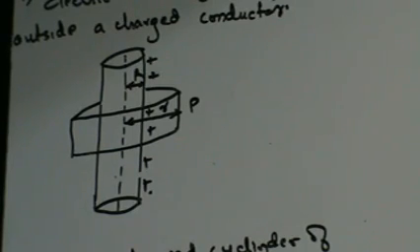It will not move through the plane surface of the Gaussian surface. Do we understand this? Since the Gaussian surface is circling the conductor, the charge given out from the conductor will move through the curved surface of the Gaussian cylinder and will not move through the upper and the lower plane surface.